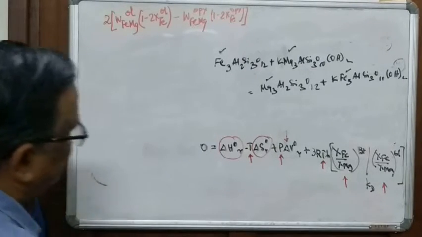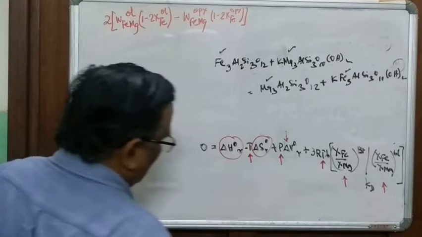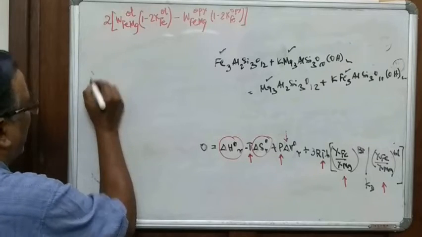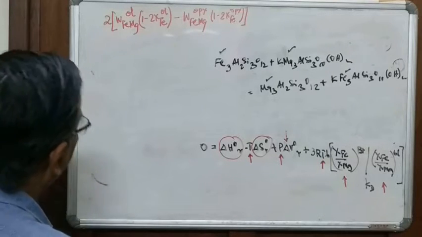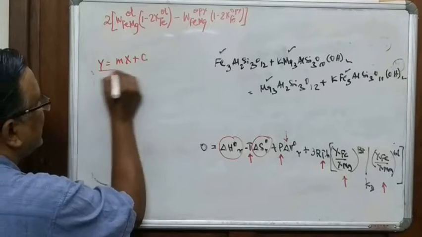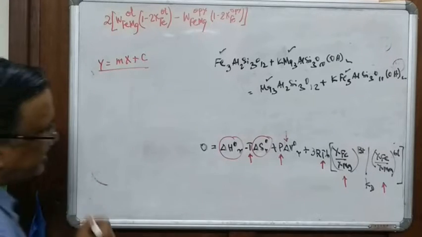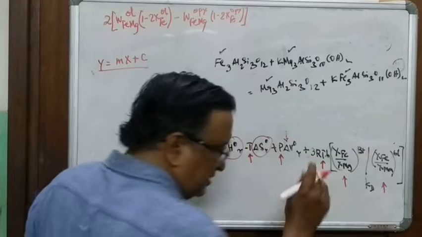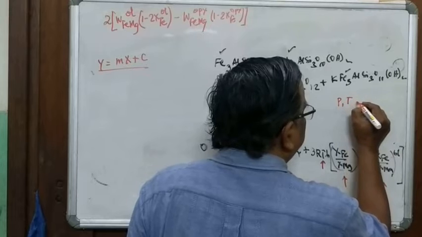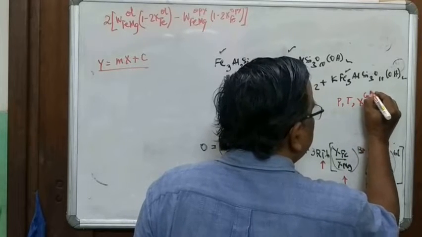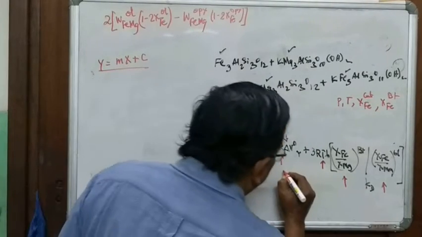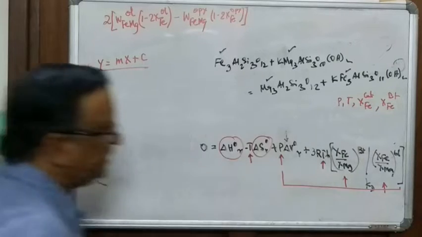So in this expression, remember y is equal to mx plus c is the equation of a straight line. At the conditions of the experiment, what are the conditions? Pressure, temperature, XFe garnet, which means XMg garnet, and XFe biotite. These are known, so this term can be completely known.